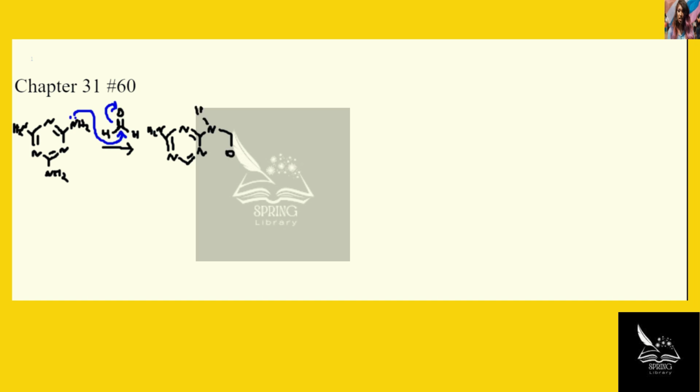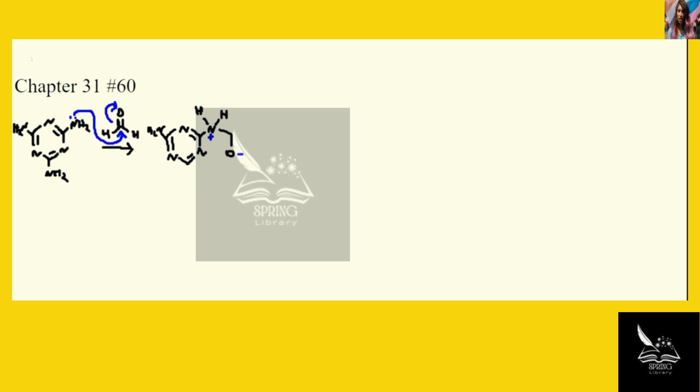And so this nitrogen is now going to have four bonds, so it will have a plus charge on it. The oxygen has an extra lone pair, so it's going to have a negative charge on it.